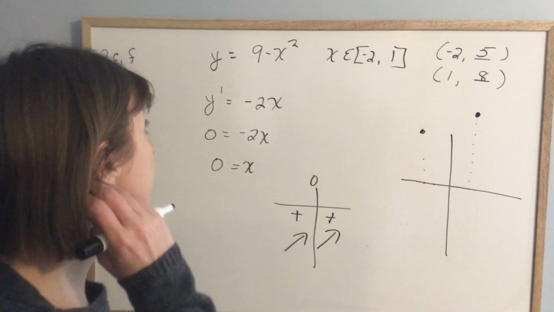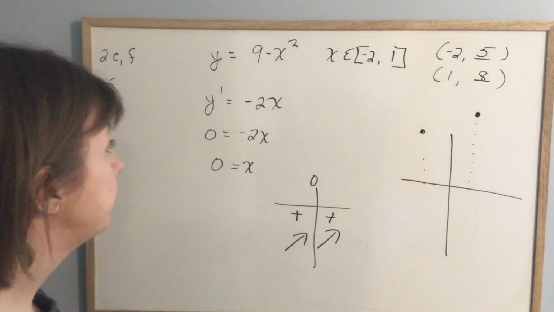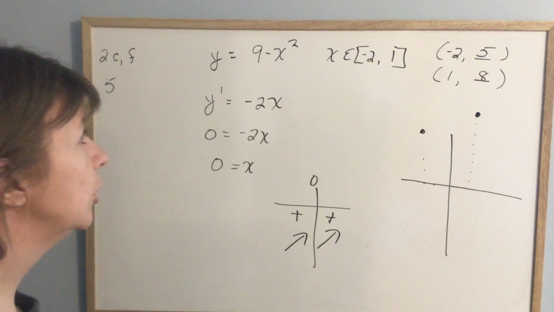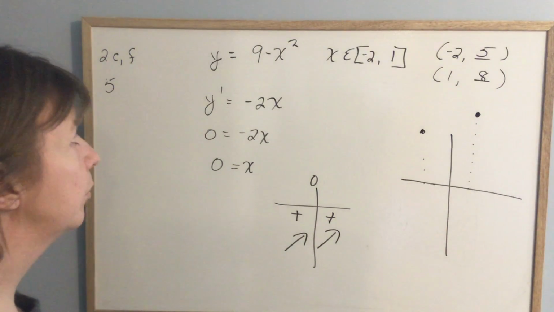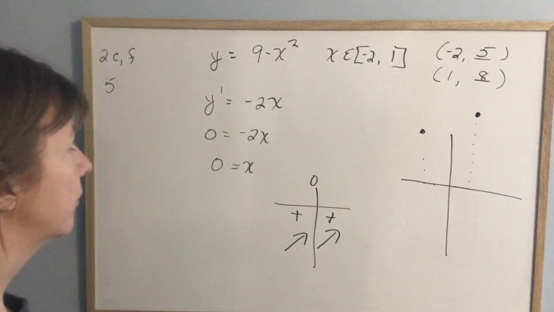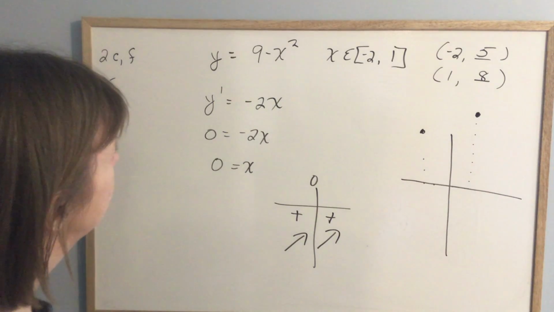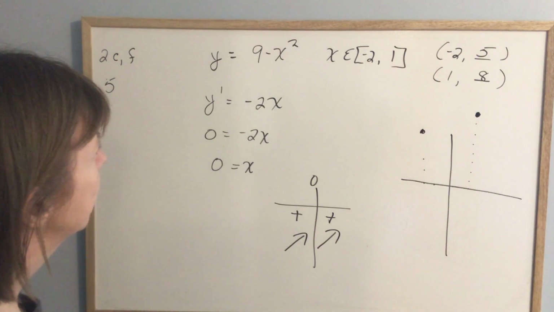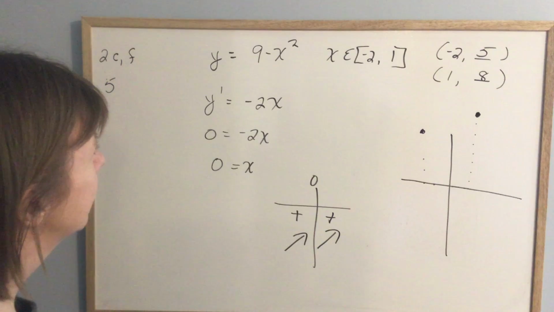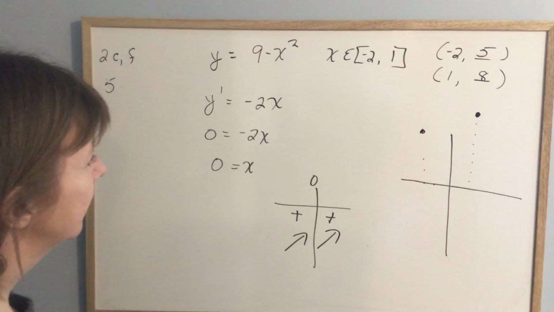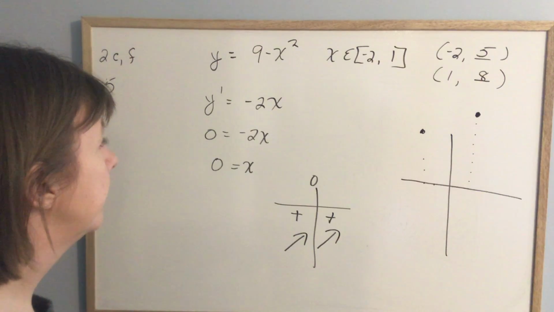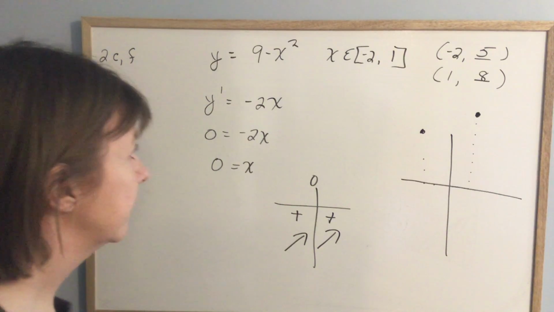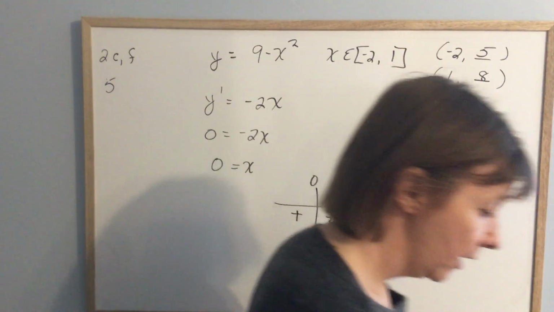So it's still increasing. So it doesn't look like there's a place where it changes direction, although I would think there should be, because of the -x squared, I would think it should reach its maximum. Anyway, that's what I get, that it's increasing on both.